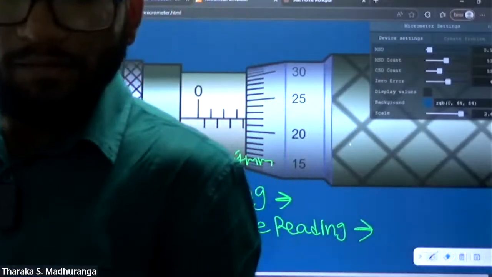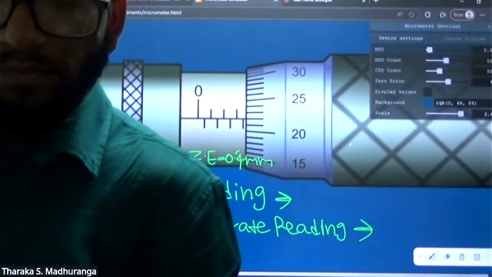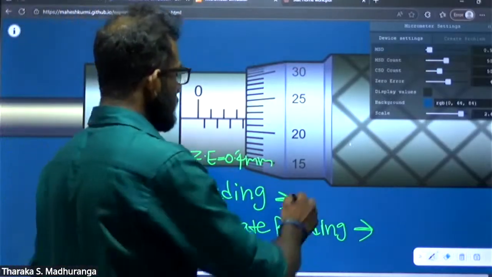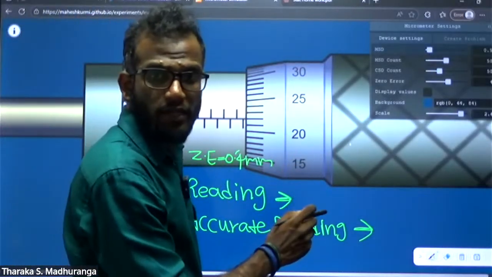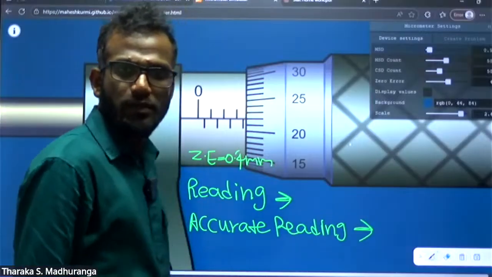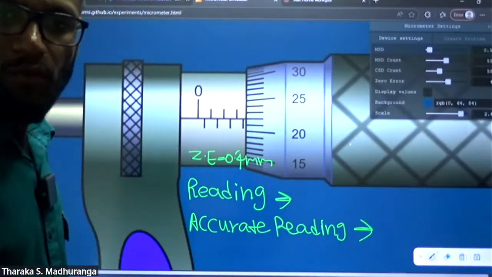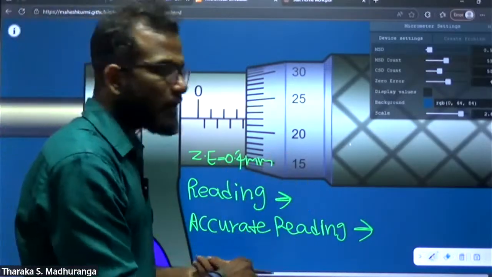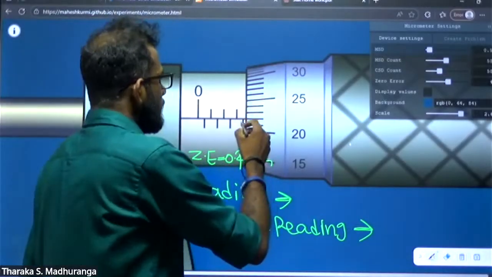Okay, what's the value? Everyone now read. You all can get the reading, no, Ravindu? We already practiced the reading in the linear scale.